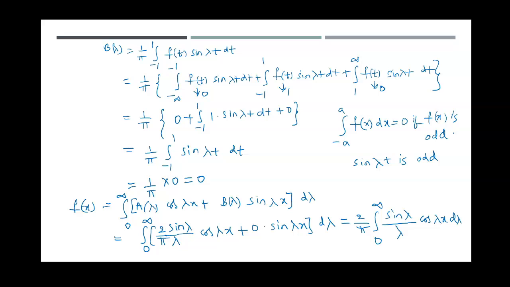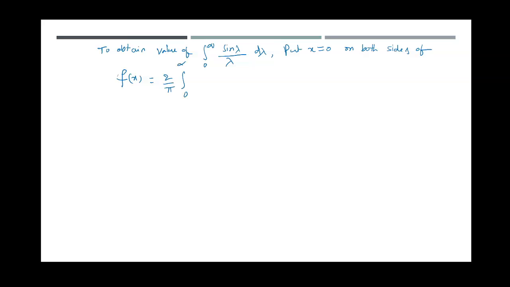If they ask to obtain the value of integral 0 to infinity sin lambda by lambda d lambda, then put x equal to 0 on both sides of f(x) equals 2 by pi integral 0 to infinity sin lambda by lambda cos lambda x d lambda.